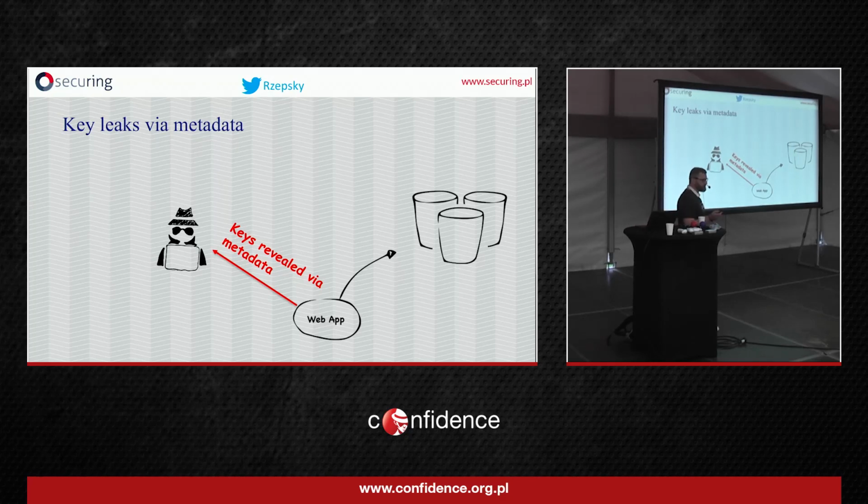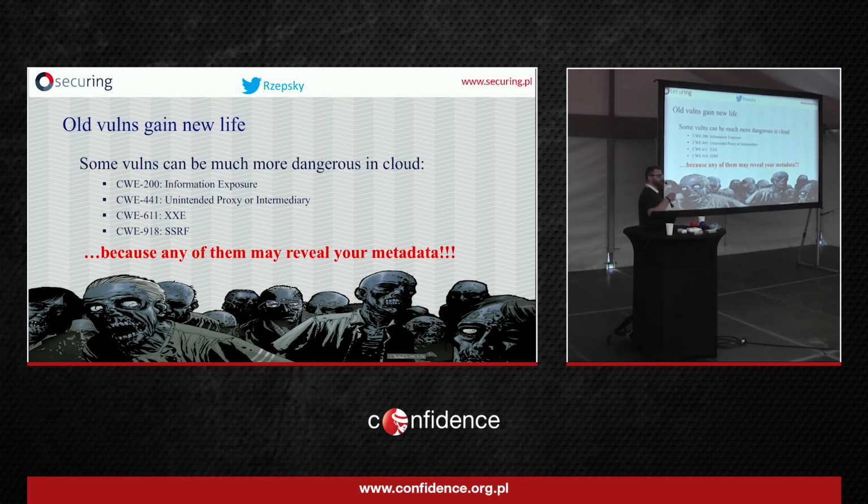And another topic, which can only be visible in cloud infrastructure: key leaks via metadata. There are some vulnerabilities like unintended proxy or server-side request forgery, and they can become extremely dangerous in the cloud. So imagine the following situation.